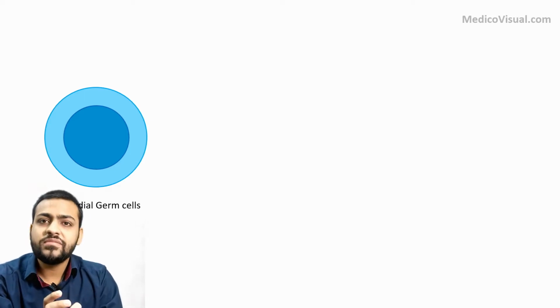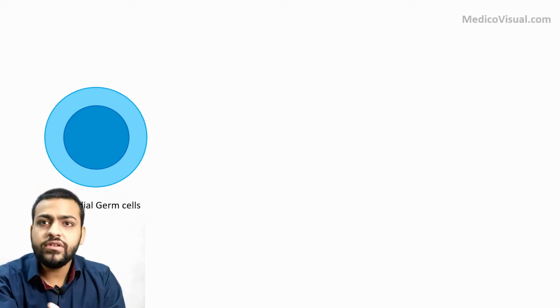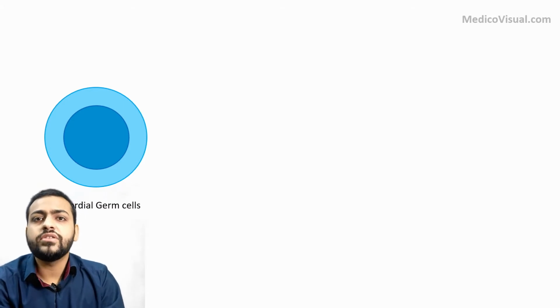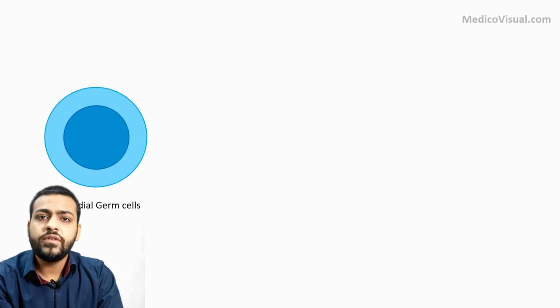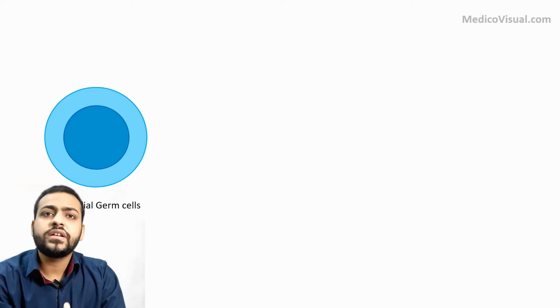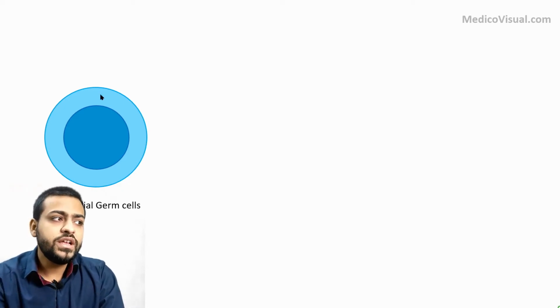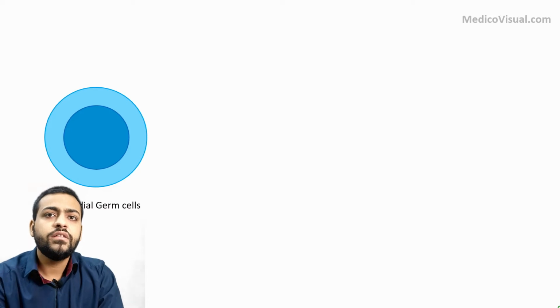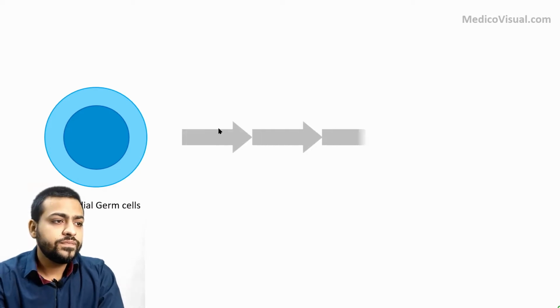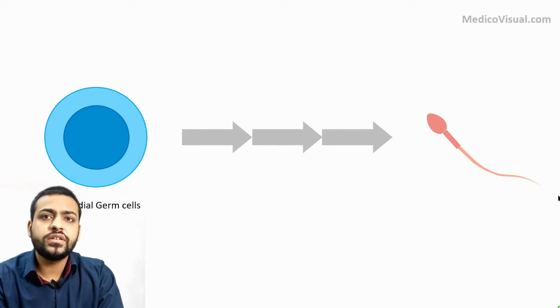I know these terms are quite ambiguous for you. Don't worry about that. We will discuss that in detail when we talk about sexual development, the development of the male reproductive system. The primordial germ cells that have migrated from the primitive streak into the developing testes of the male fetus will ultimately form mature sperm.